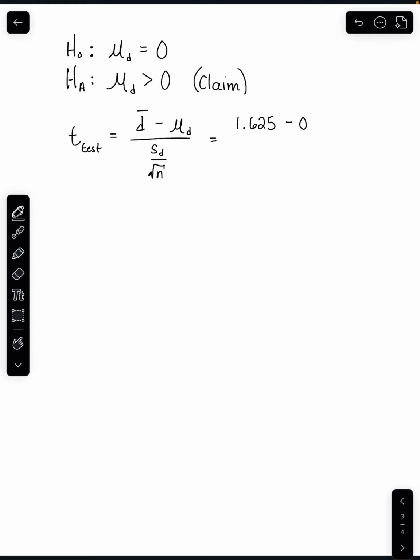Our mean difference was 1.625. The claimed mean difference, as we see up here, is 0.